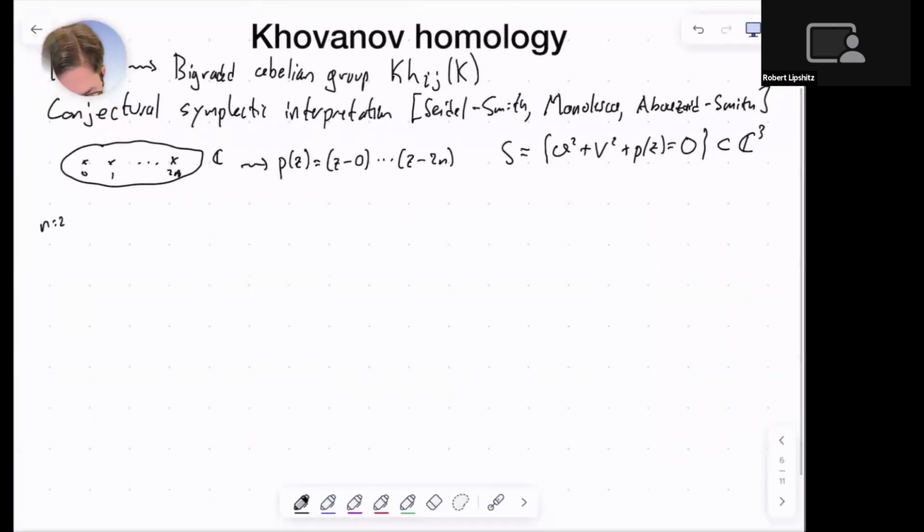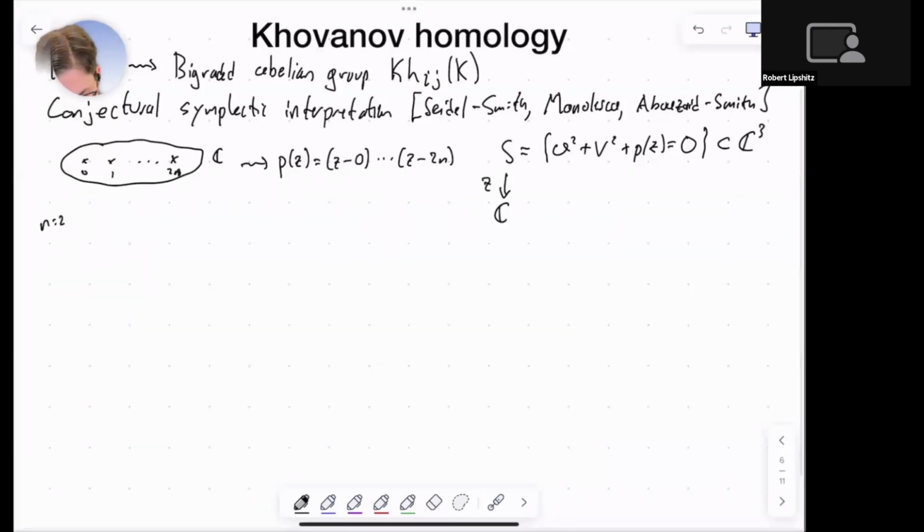That comes with a Lefschetz fibration to C just by taking the Z coordinate. So it has singular fibers over the points 0, 1, up to 2n. So the fiber over 0 looks like a cone, and the generic fiber is a quadric.